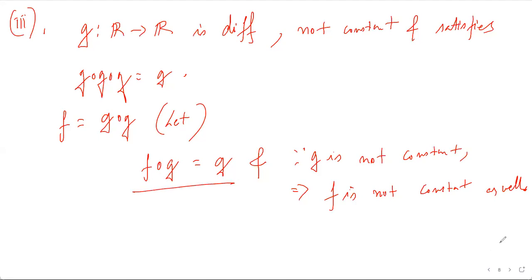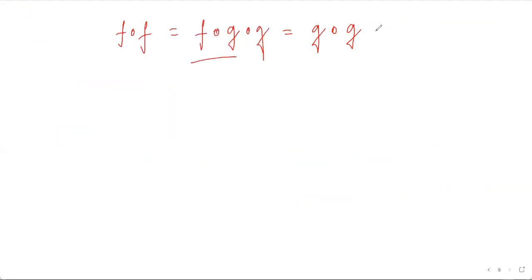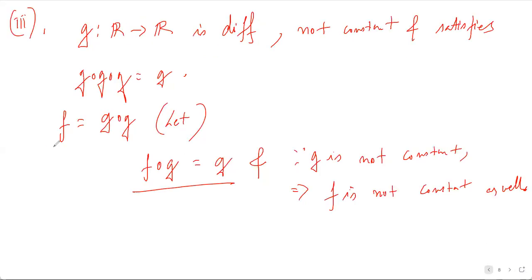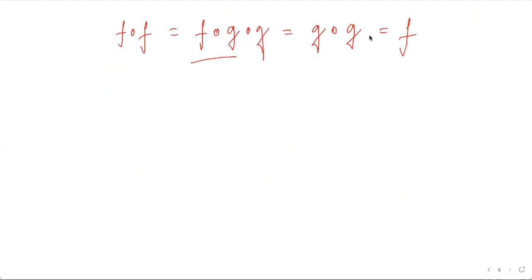So f compose f is nothing but f compose g compose g. f is nothing but g compose g, which is nothing but g, because f compose g is equal to g. And so this is again equal to f by our definition of g compose g equals f. So what we are getting is f compose f is equal to f.